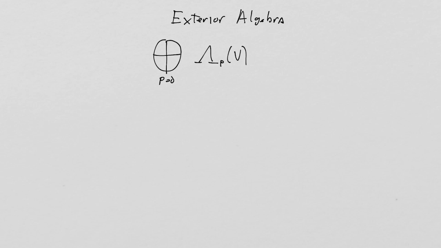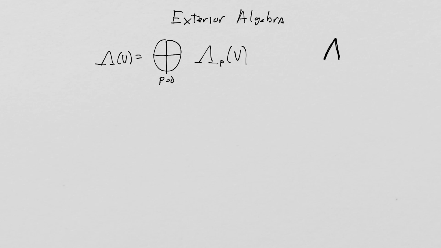Now we know the exterior algebra is a direct sum, right? Because it's a massive direct sum, we know it's a vector space, and we established it to be an algebra by giving it the wedge product as the monoid multiplication that turns a vector space into an algebra.